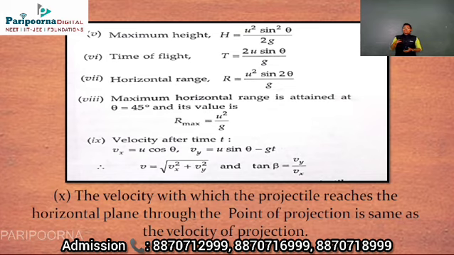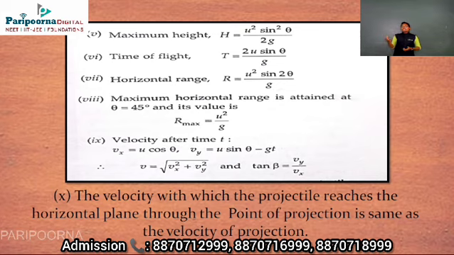Now the velocity after the time t: Vx is equal to u cos theta and Vy is equal to u sin theta minus gt. That can be represented as V equal to root of Vx square plus Vy square, and tan beta is equal to Vy divided by Vx.